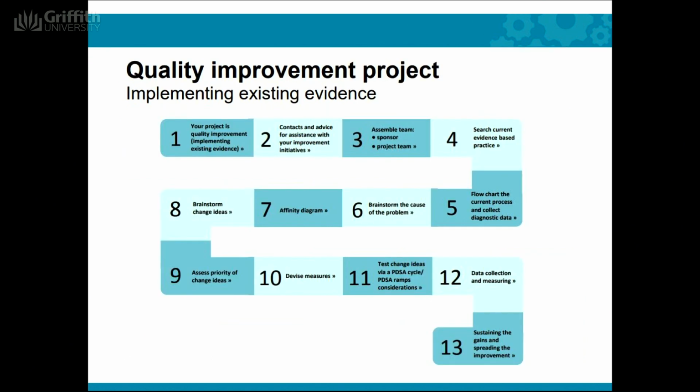The Quality Improvement Project also has a paradigm that you can follow for implementing existing evidence. And each of these little boxes is a link to another page which can give you some directions. You don't have to go this alone.